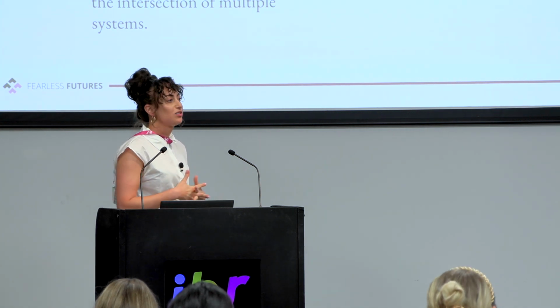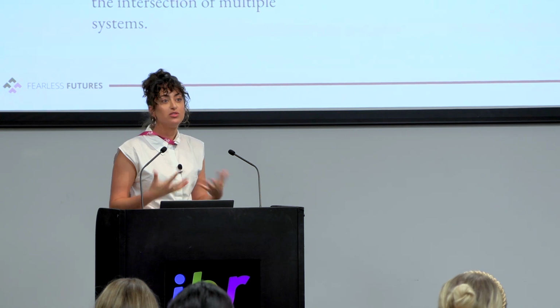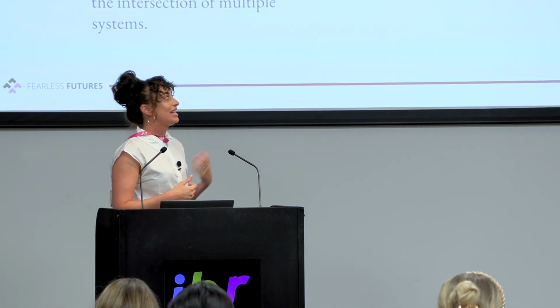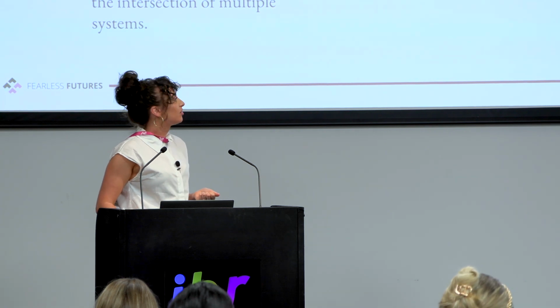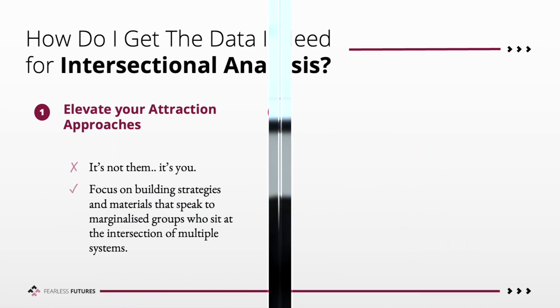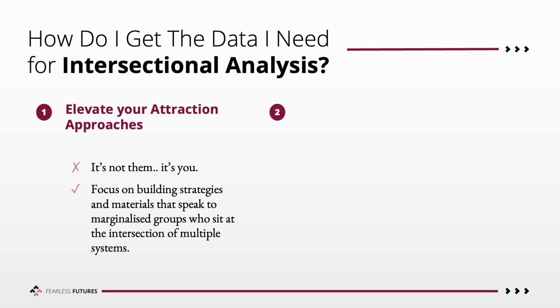And so thinking about how do we ensure that we're communicating that our organization is a place where they can survive, but actually not only survive, but actually thrive. So focusing on building strategies and materials that speak to marginalized groups who sit at the intersection of the systems that I've spoken about.